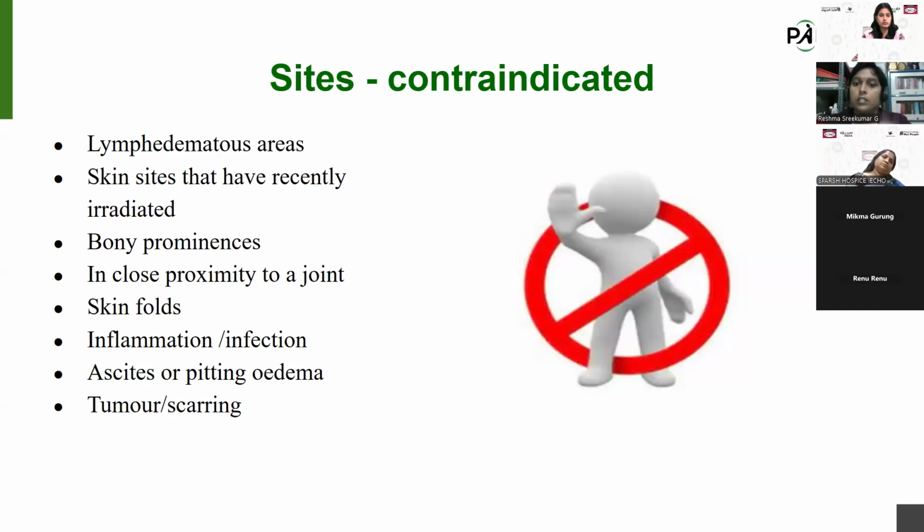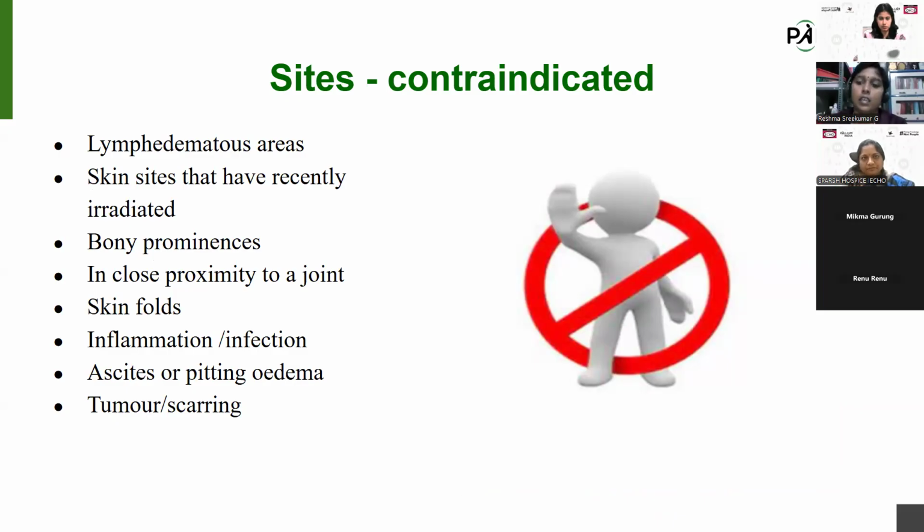And which are the sites contraindicated for subcutaneous infusion? We know if the patient is diagnosed with CA breast, there is a chance of developing lymphedema in the upper extremities, and in some ovarian cancers we can see lower limb lymphedema also. We know in lymphedema cases we do not allow needle pricks.